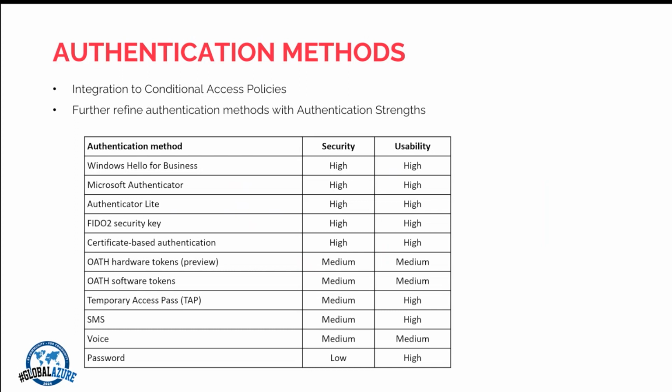But as you go higher in that list, you would see the security measures strengthen more and more. Think about things such as FIDO keys as a very good example, which are hardware tokens. You have to plug them into your device to make sure that you're able to successfully authenticate.